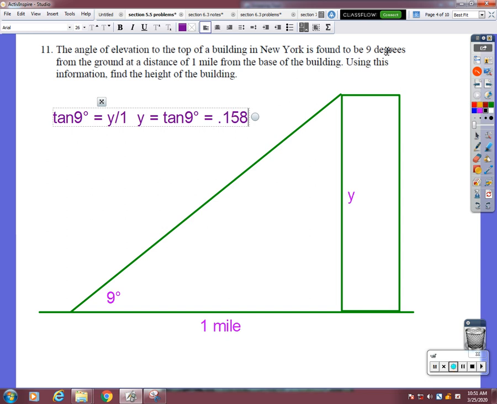Okay, so that means that the height of the building is 0.158 miles, so we should probably change it into feet. That would make a little bit more sense. So I'm going to go times 5,280, and that tells me the building is about 836 feet tall. So, it's a pretty tall building, 80 stories maybe, usually about 10 feet per story.